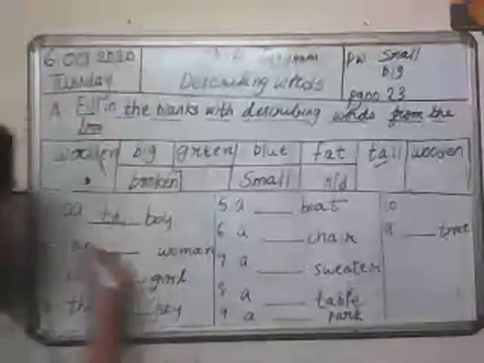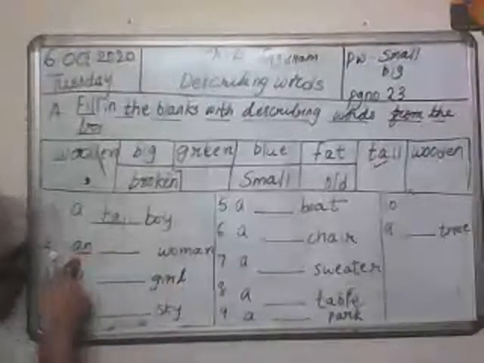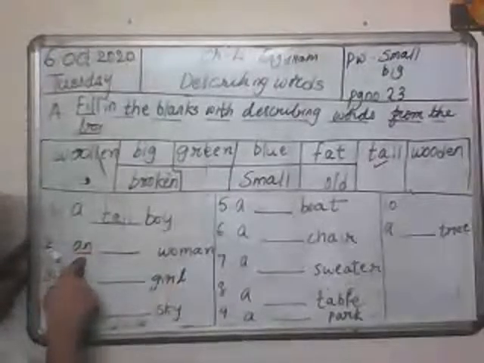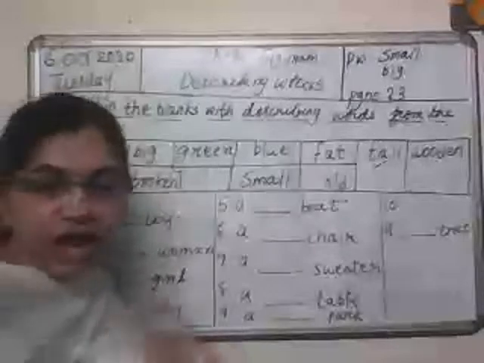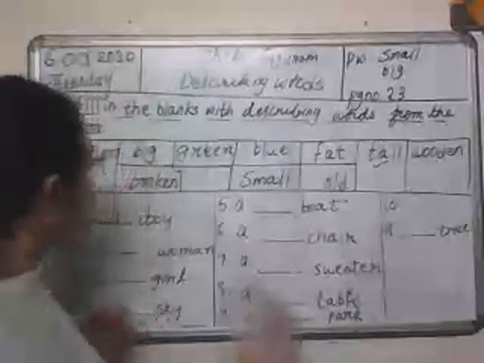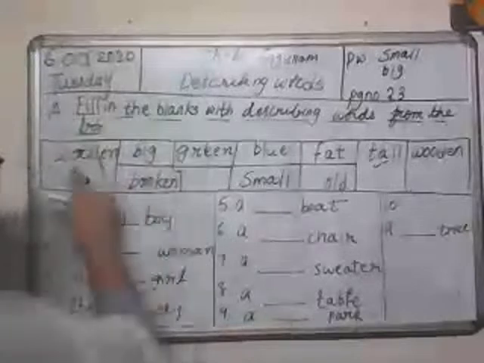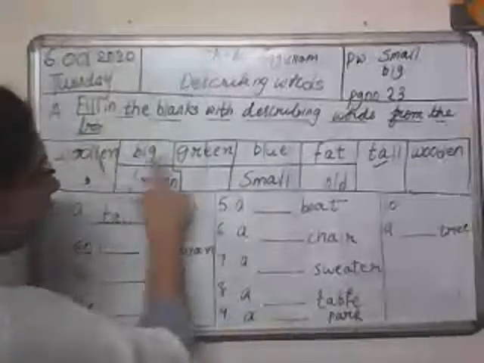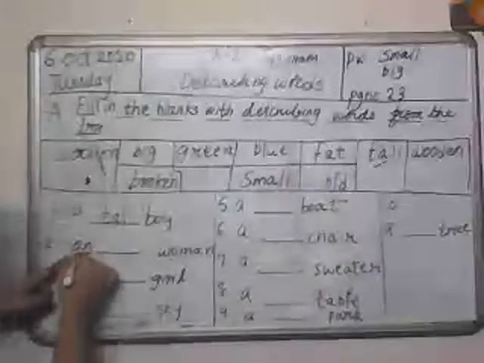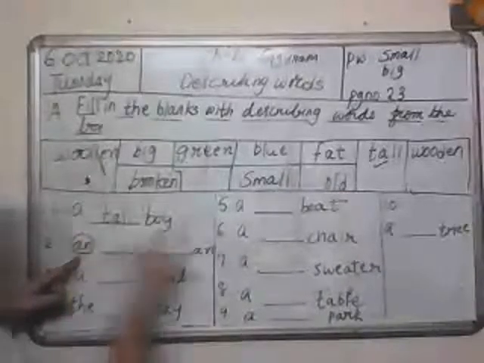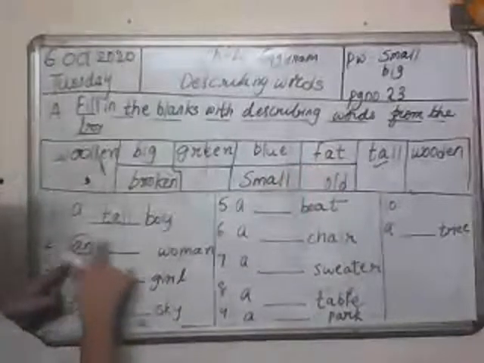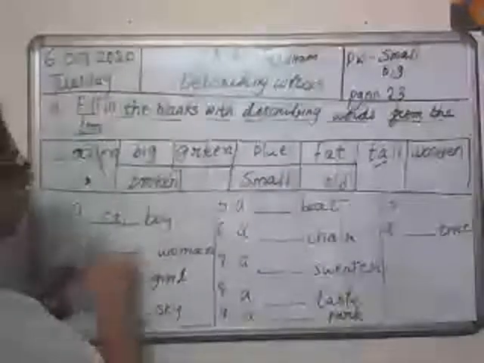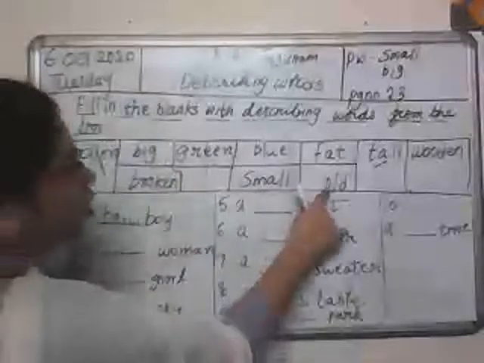Then, and dash woman. Here, see, an is there. It means I should take a word which starts with a vowel letter. So I can't take big, and I can't take fat also, because here an is there. So big, small, old.